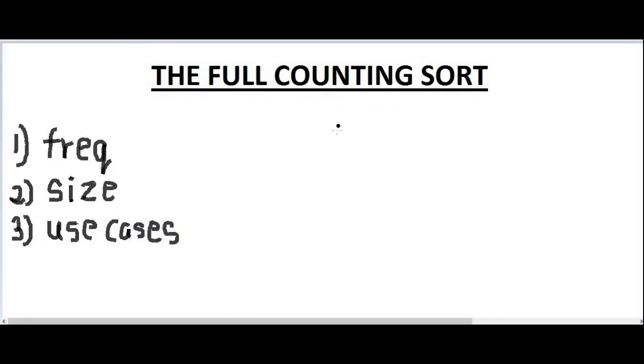So we know basic counting sort. Let's say you have an example like 1, 3, 2, and I'll take 5 in front. Let's say this is our array and we need to sort it. What will we do in counting sort?